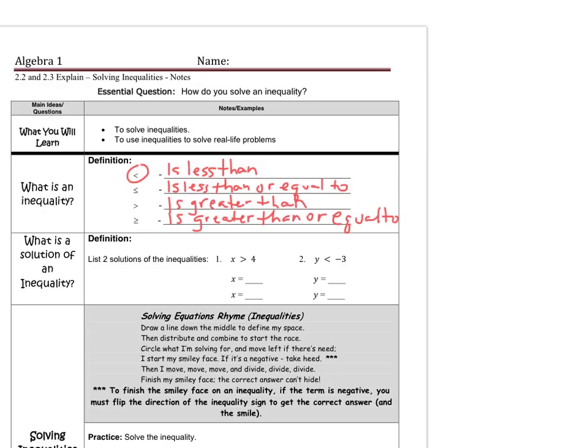What that means is you have to be 54 inches tall or more. So sometimes we'll see the writing at least, and that actually means greater than or equal to.